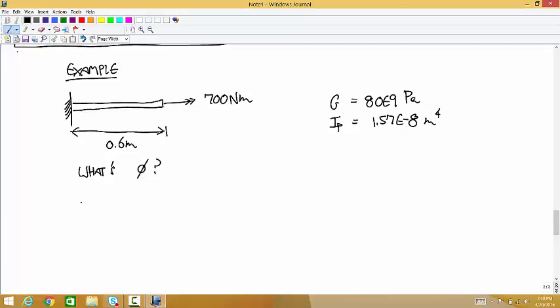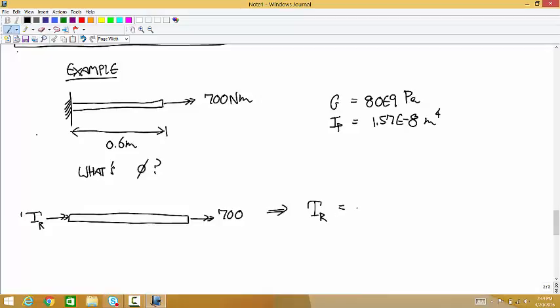Yeah, so we have to know what the internal torque is. In this case, it's just going to be 700 the whole way, but if you want to calculate it, you isolate the whole thing to figure out that the reaction torque is equal to negative 700.